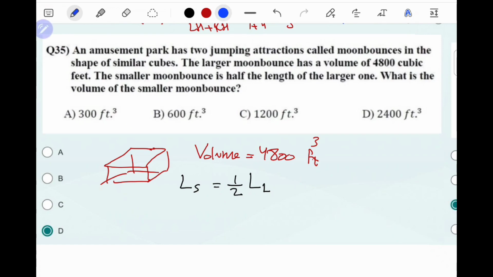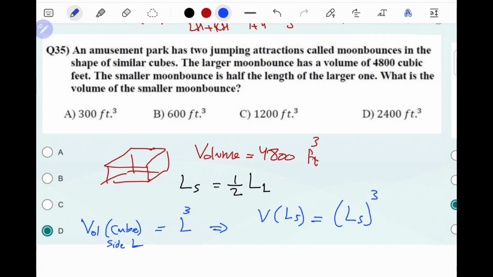Now we know that the volume of any cube of side L is equal to L cubed, and therefore the volume of the small moon bounce, the small cube, is equal to L small to the power of 3.